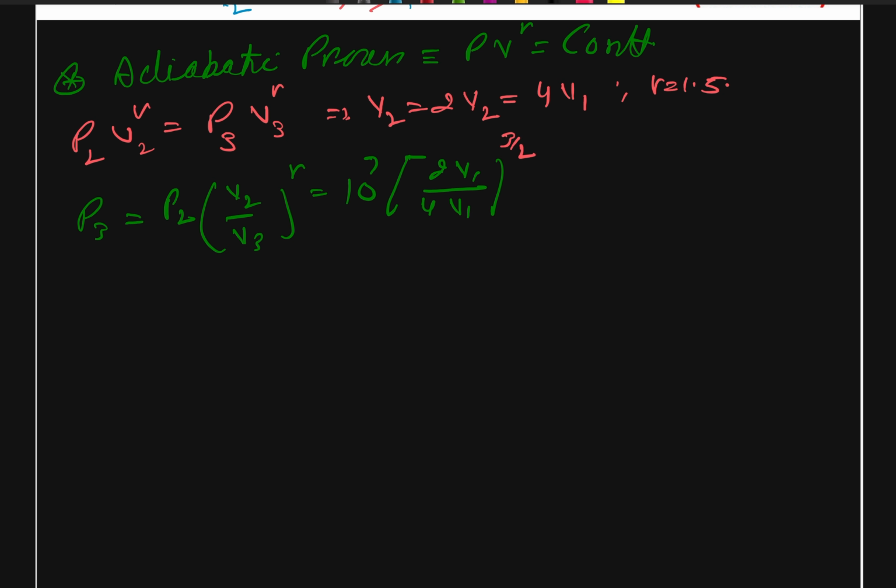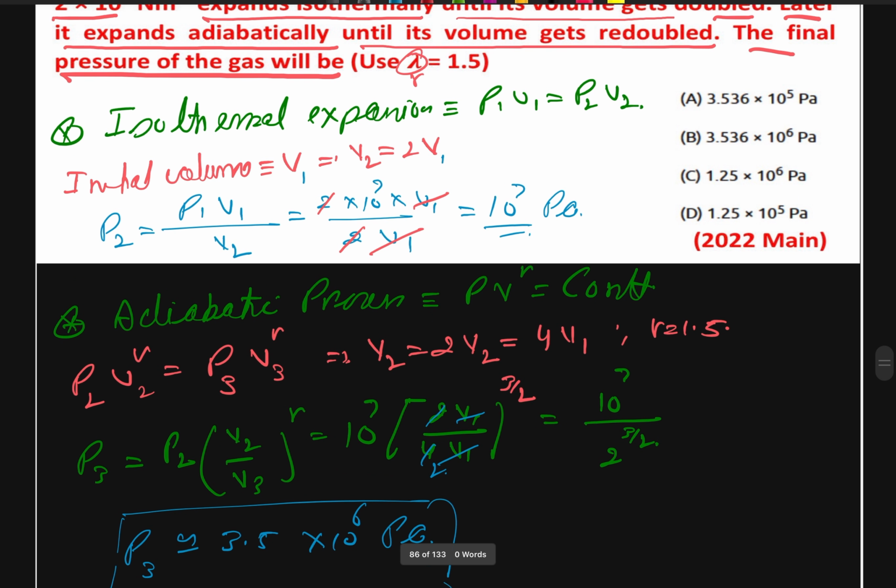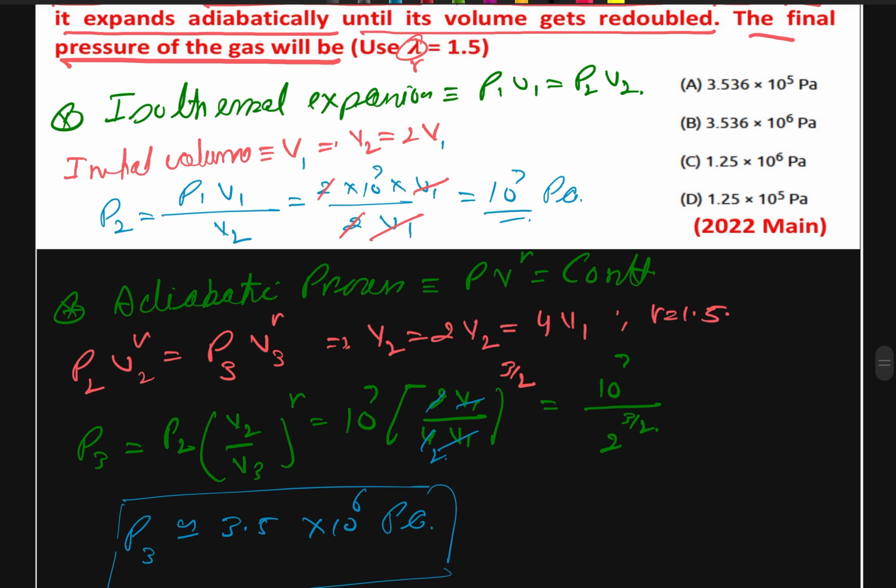So V1 goes by 2, and this comes as 10 raised to power 7 times 2 raised to power 3 by 2. So we get our final pressure P3 approximately equal to 3.5 into 10 raised to power 6 pascals. So we have 3.5, option A is correct.